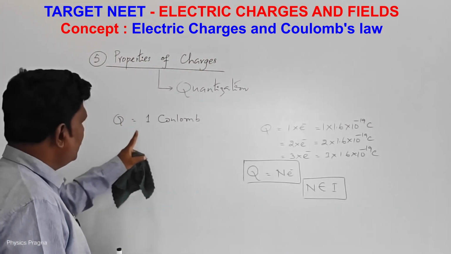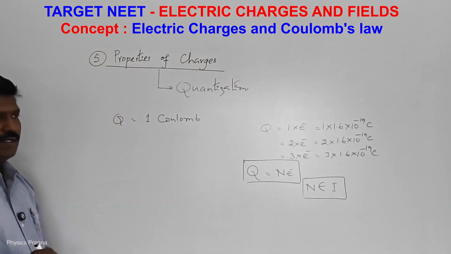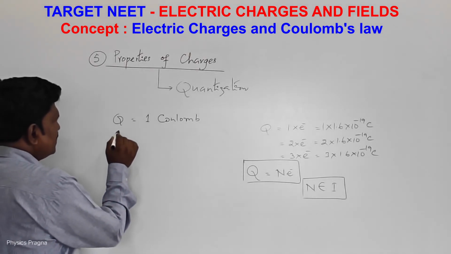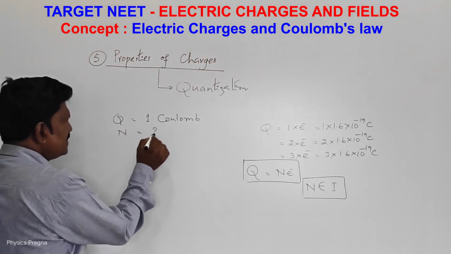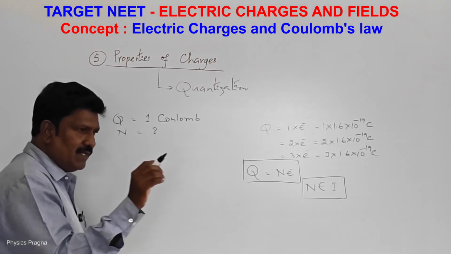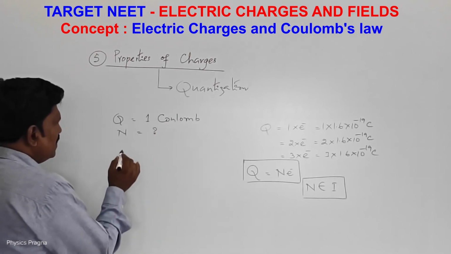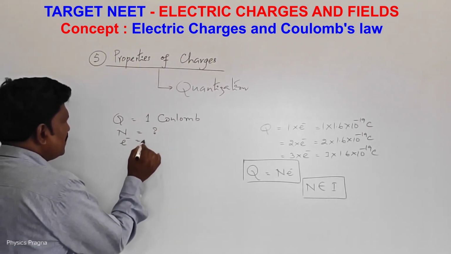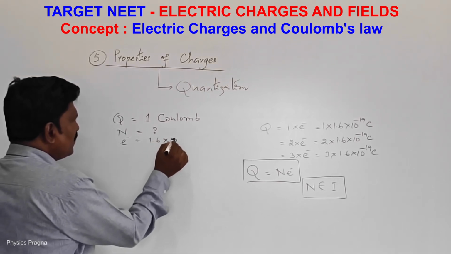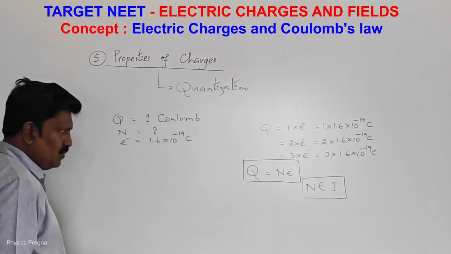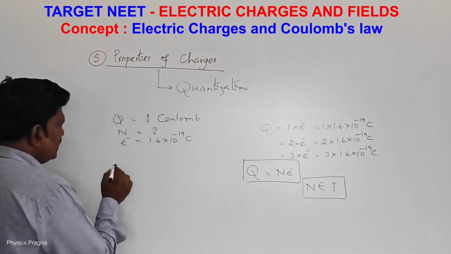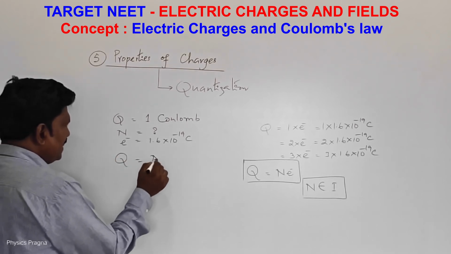So how many electrons do I have to give to a body so that the charge on the body becomes 1 coulomb? The charge of each electron is 1.6 times 10 to the power of minus 19 coulomb. So our formula is Q equals Ne.